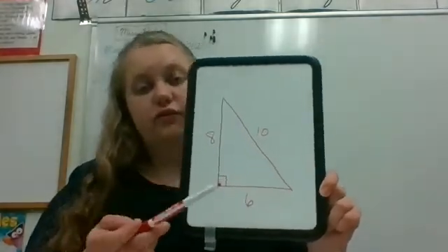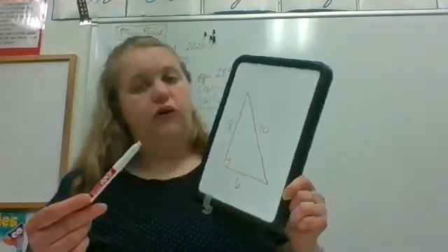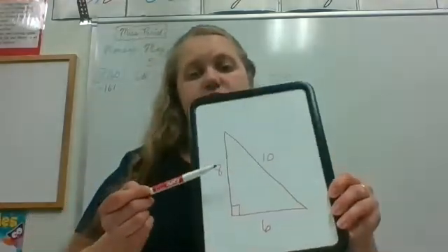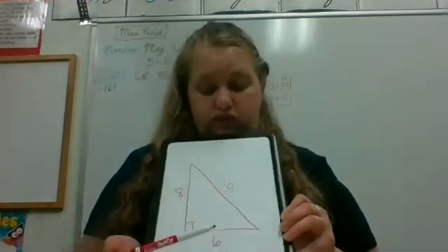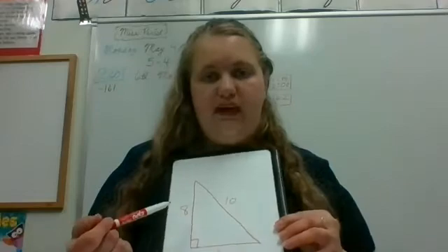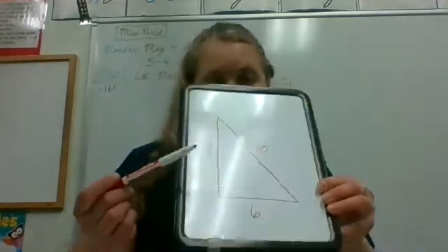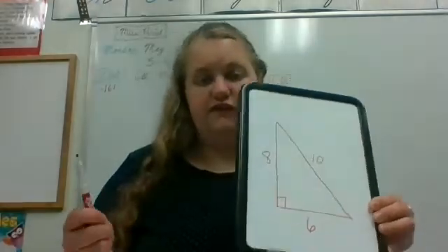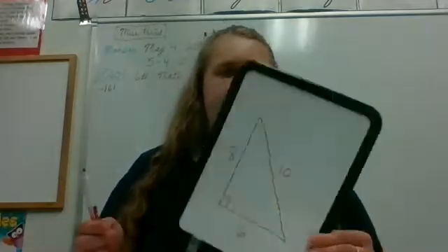And what you do, remember, A equals 1/2 times B times H. So you can take half of 8, or you can take half of 6. So then you multiply. So half of 8 would be 4. 4 times 6 is 24. The area of this triangle would be 24 square units, whichever one we're in, probably inches for this one.